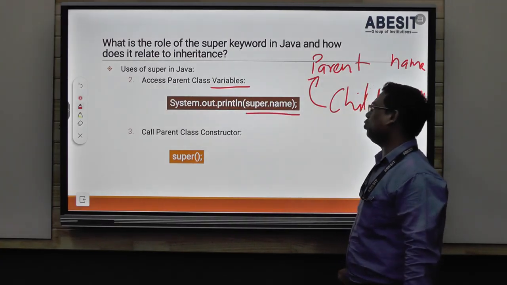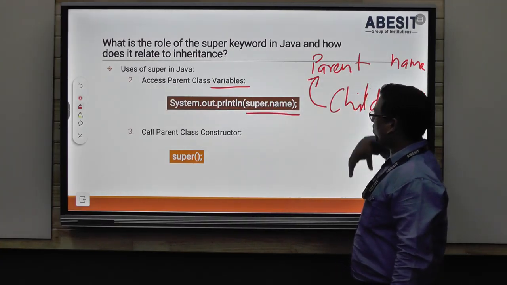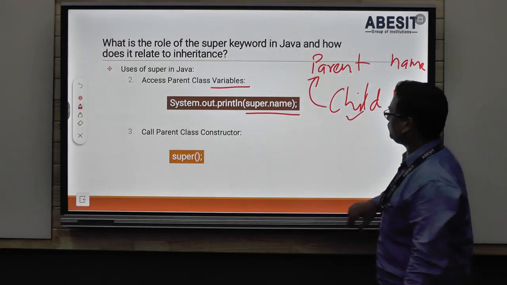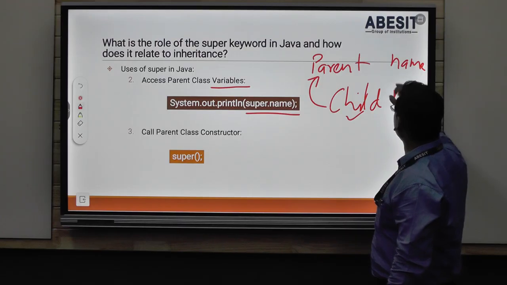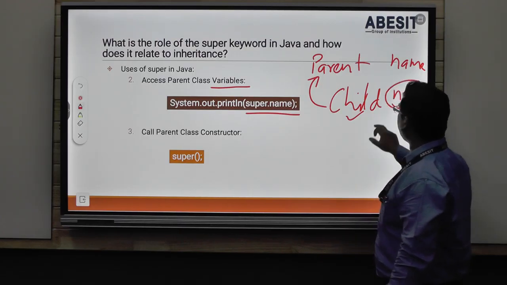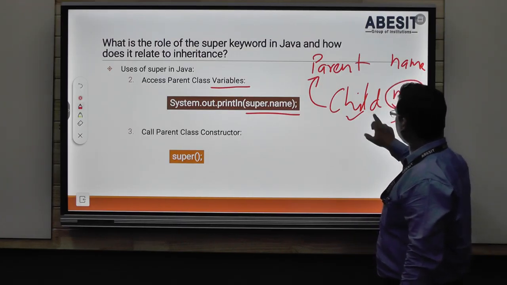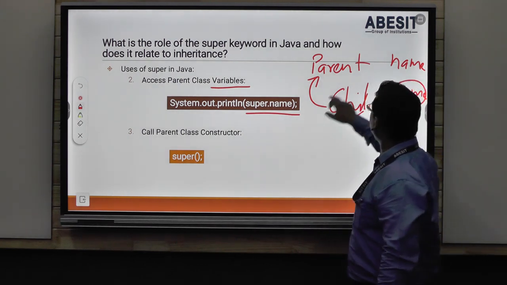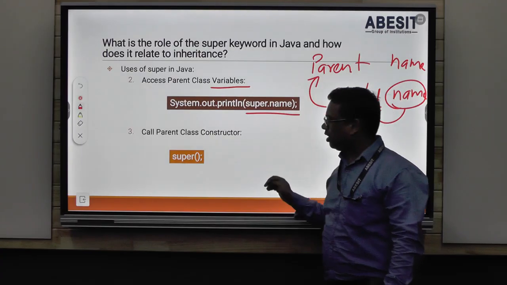Via this super, the parent class variable can be accessed in a child. If you write only the name of the child variable, then it will access from the child class, but if you write super.name, it will access from the parent class.